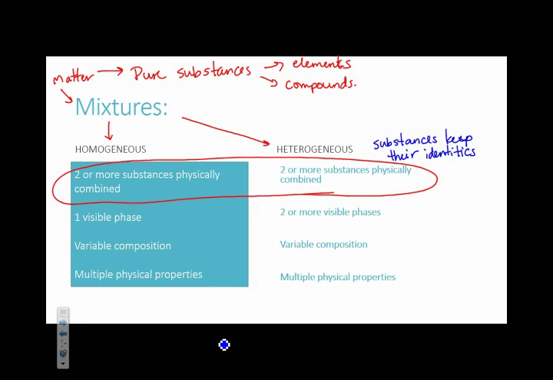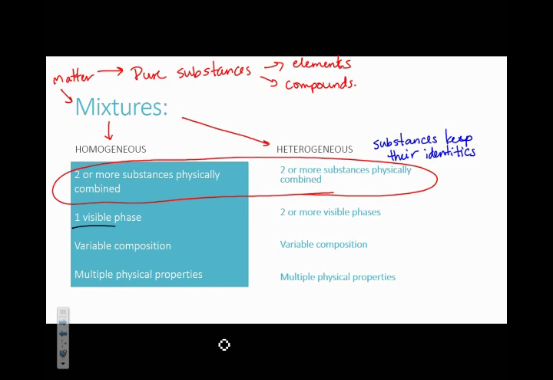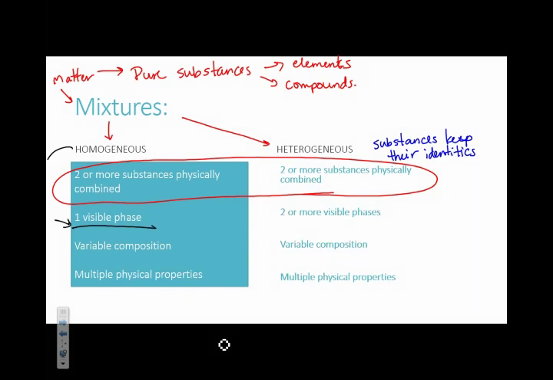But we have homogeneous versus heterogeneous, and they are different. Where they're different is that homogeneous refers to one visible phase. So when you look at this substance, you only see one thing. This, for example, would be a glass of milk. You look at the milk, you see the white milk, you only see one thing.